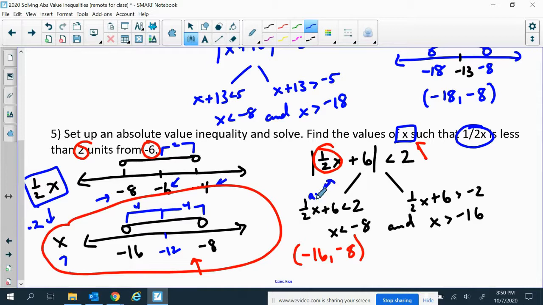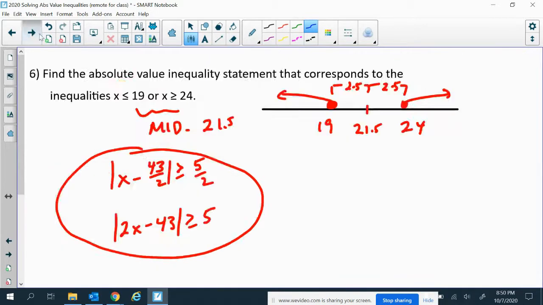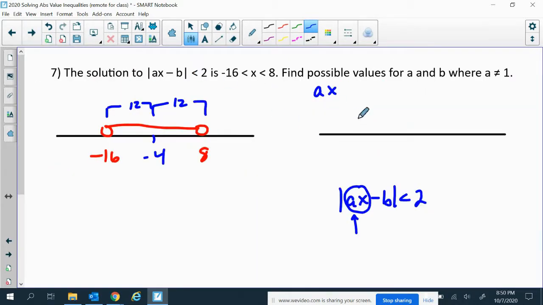This would be a times x in this problem. So I want my graph of a times x to have b as the center and my distance to be 2 in either direction. So that's ultimately my goal.